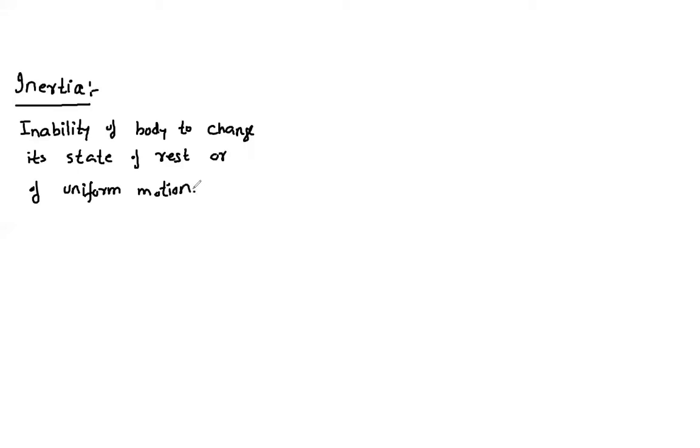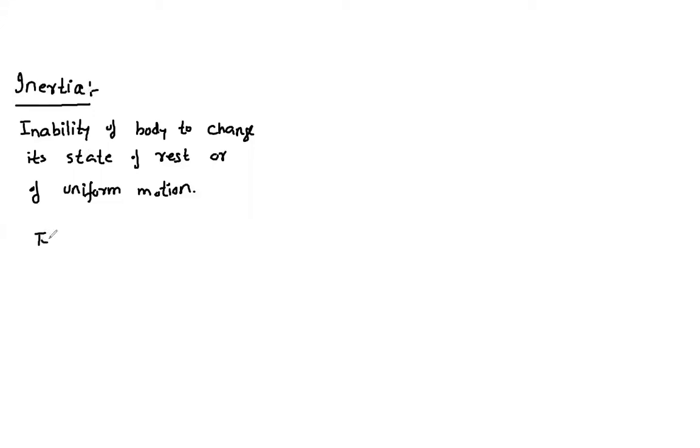Means if a body is at rest, it cannot come in motion on its own. If a body is in motion, it cannot come to rest on its own. It will always try to maintain its state. Means a body at rest will try to remain at rest always. A body in motion will try to remain in motion always. This property of a body is known as inertia.